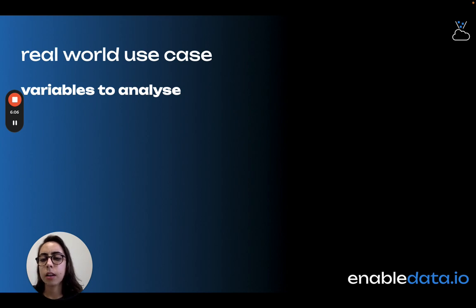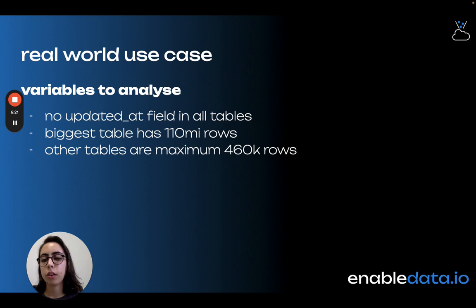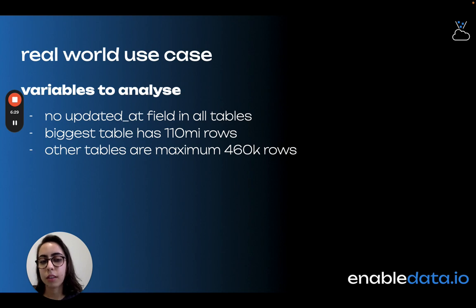The variables to analyze were that we did not have an updated field in all tables. We had it in some, but not all. The biggest table had 110 million rows, and the other tables had a maximum of 460 rows, 460,000 rows, I'm sorry.